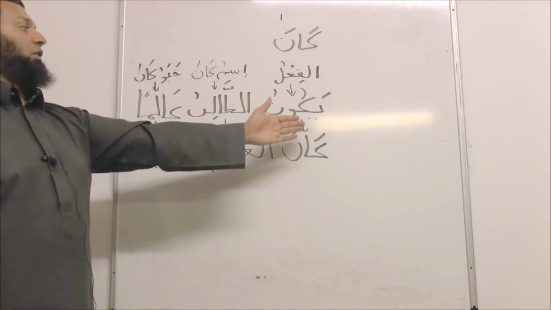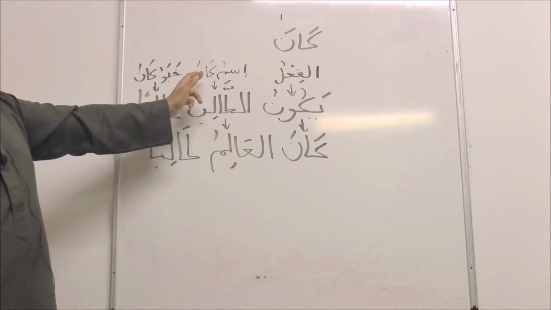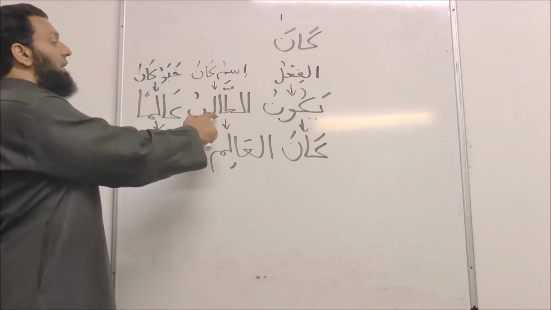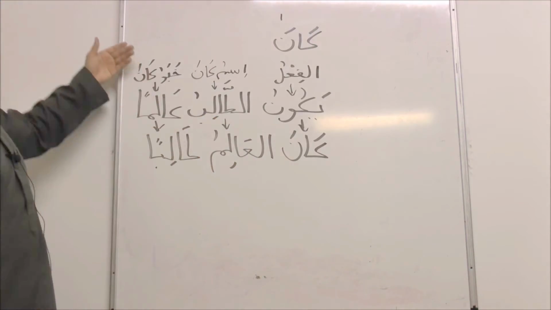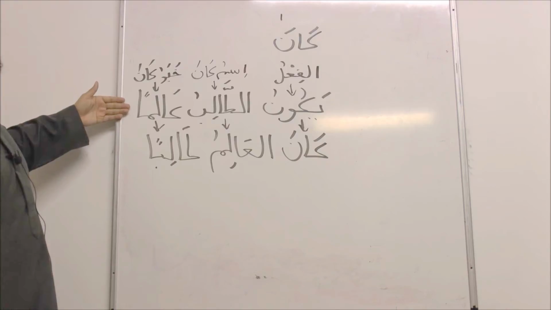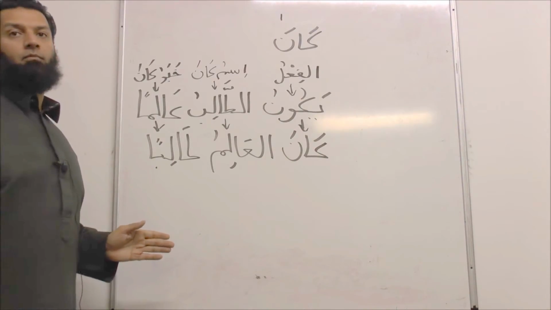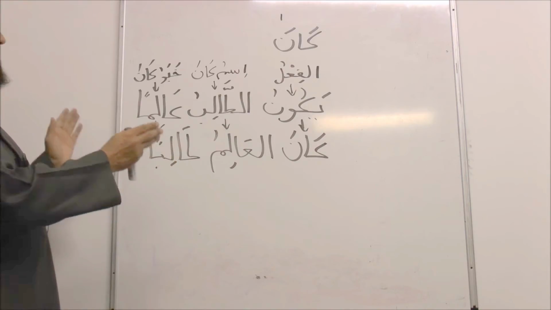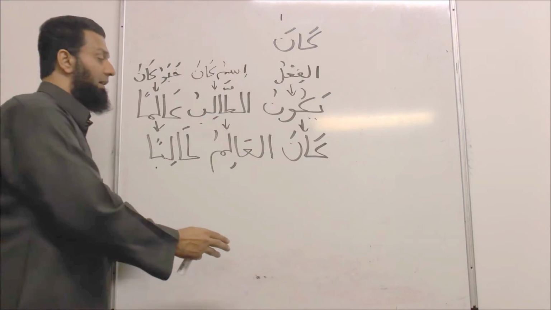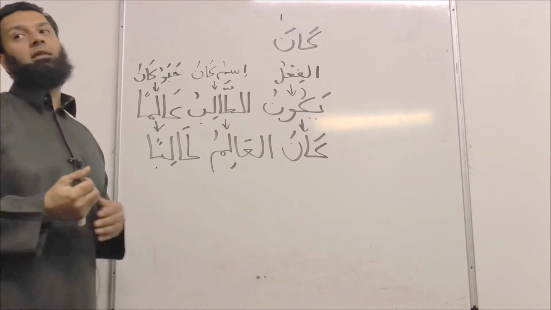So, we have al-fi'lu, which is yakunu or Kaana. We have ismu Kaana. In this instance, it's at-talibu. In the past, it's al-alimu. And then we have khabaru Kaana, which is aliman and taliban in the past. Right? Can you see how the meaning changes whether you use the present or the past tense?